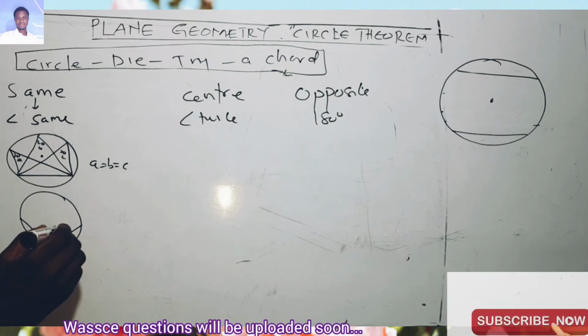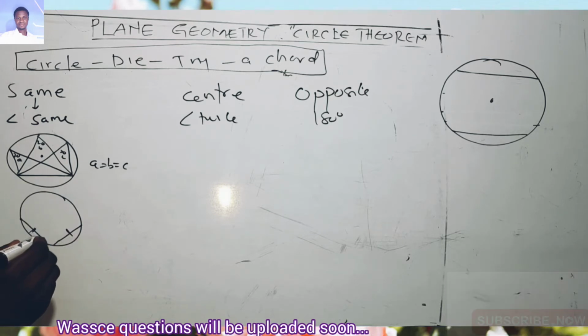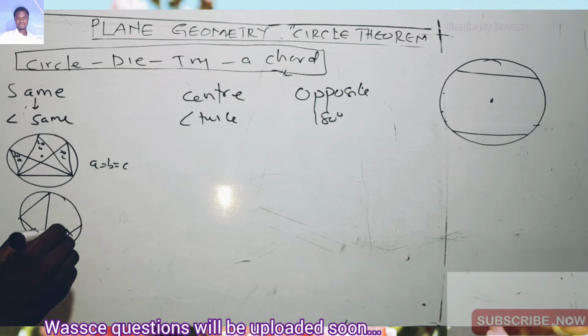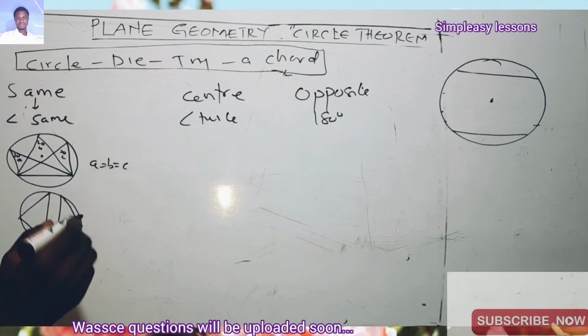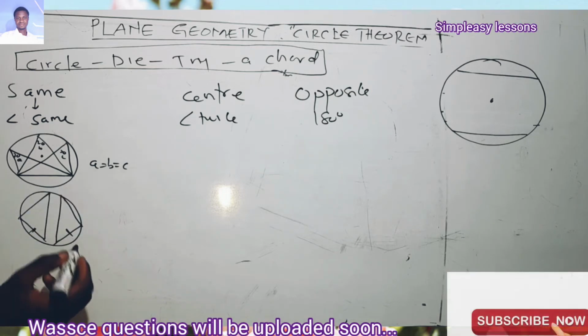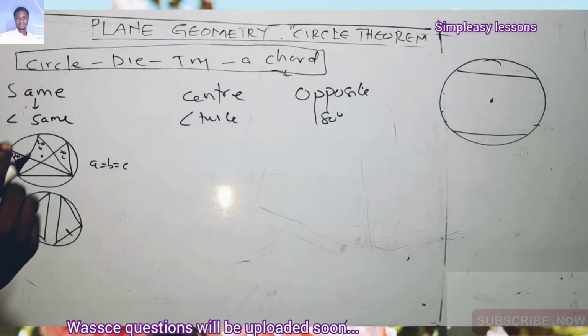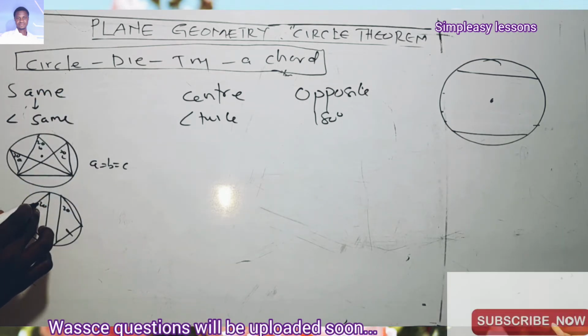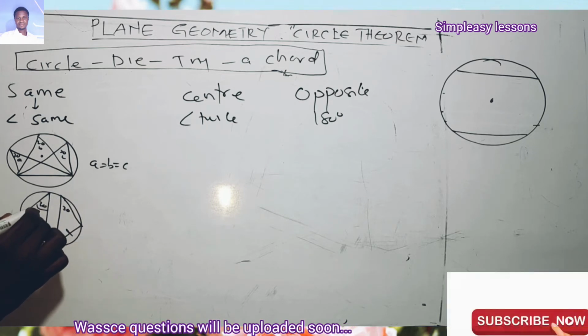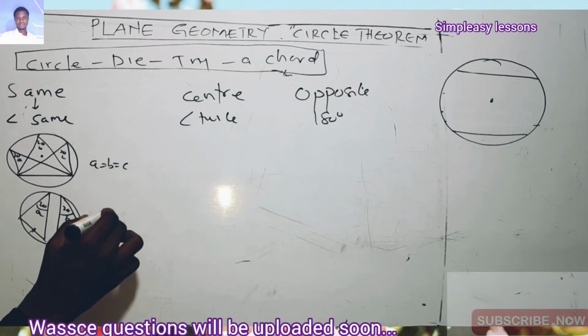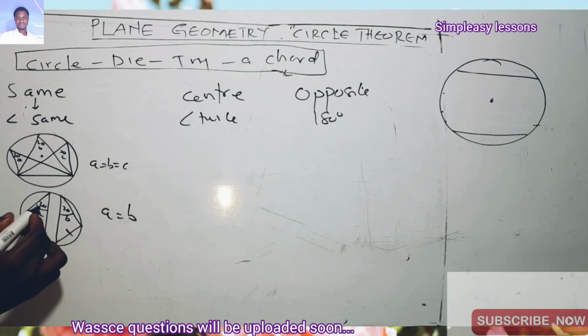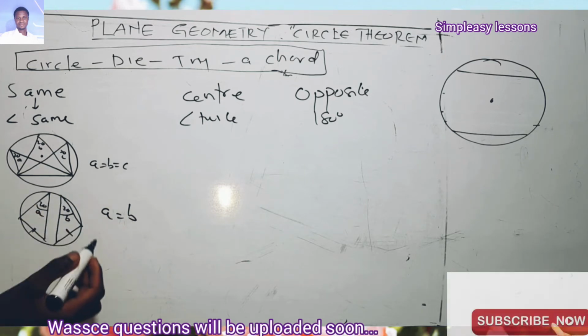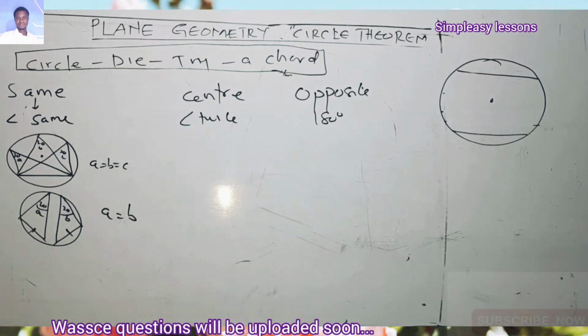So wherever they form an angle, the angles will be the same because it's the same chord going in the same direction. If here is 20 degrees, here is also 20 degrees. If here is 50 degrees, here is also 50 degrees. If here is A and here is B, A is the same as B. If here is 90 degrees, here is also 90 degrees, because they are the same chord.